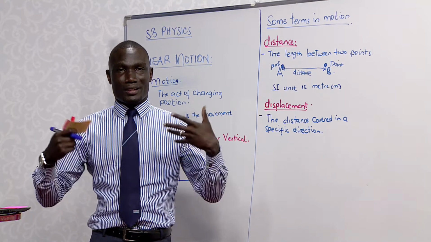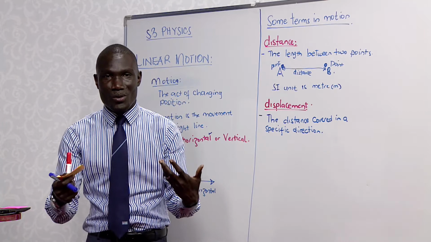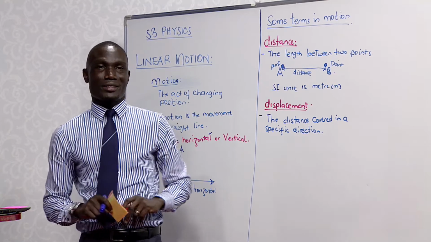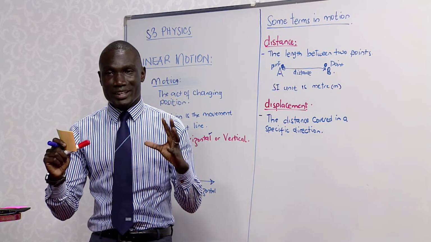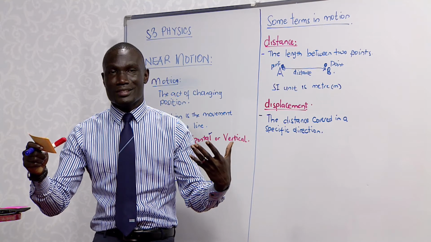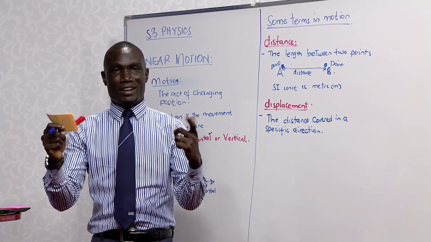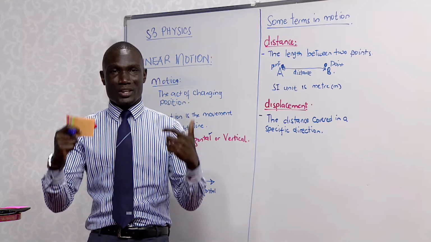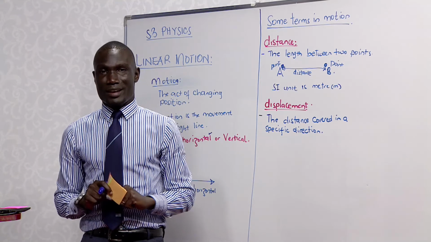Or I would say displace yourself 2 steps backwards, then you would go backwards. That would be the correct instruction. So for displacement, it is not just about the distance moved, but rather the direction in which the distance is moved. That is very, very important, my dear learners.